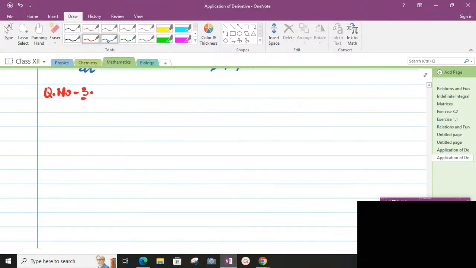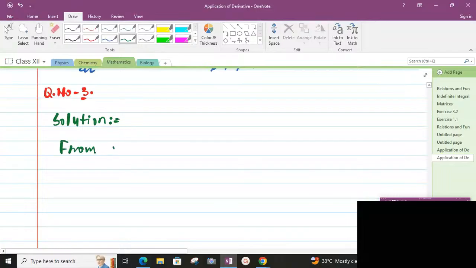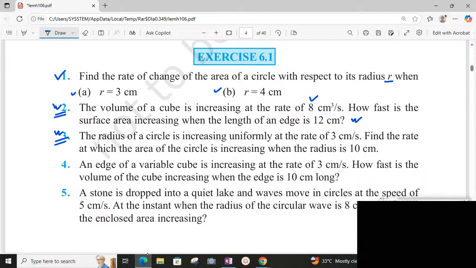So let's see the solution of this question. We write down here, from the question it is clear that dr/dt is given and r is also given.